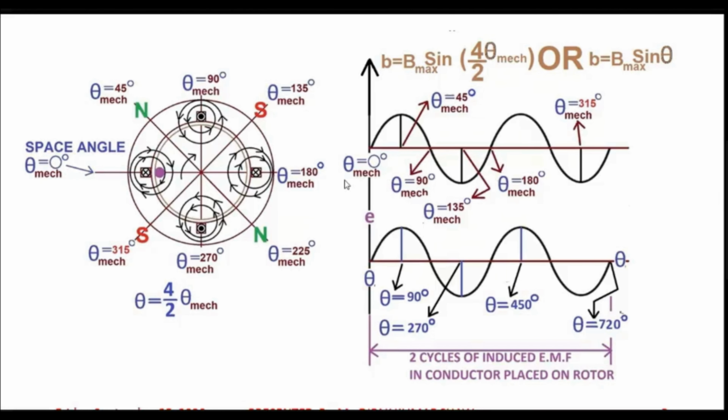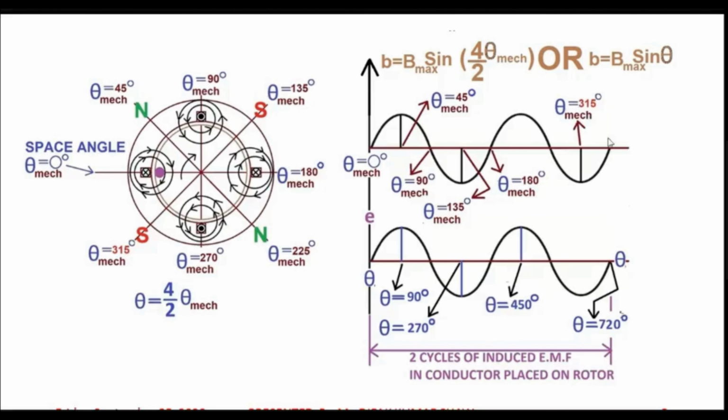Please follow the mouse pointer. For theta mechanical equal to 180 degree, you see one complete cycle of variation of magnetic flux density has been completed. So if we complete the movement from theta mechanical equal to 0 degree to 360 degree, two cycles of flux density variation would be completed.